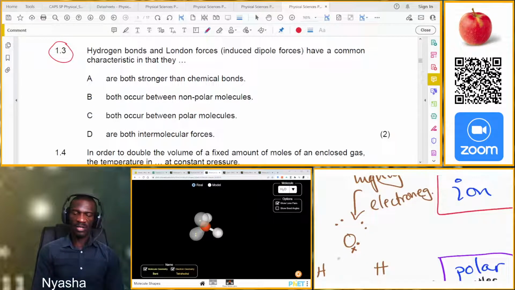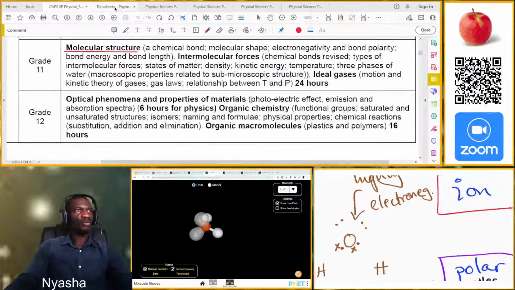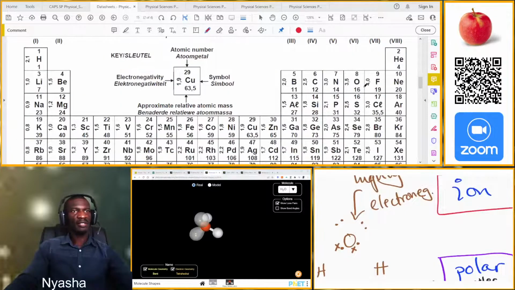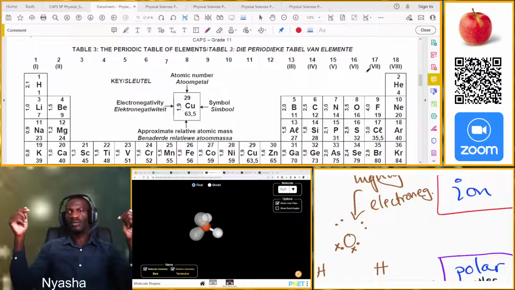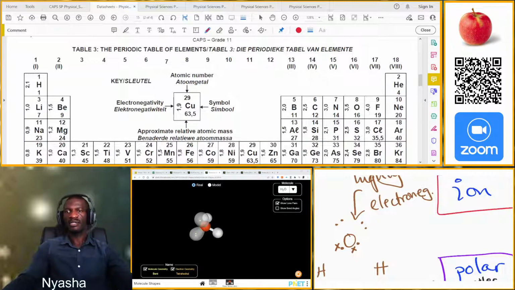Oxygen, on the other side, had its own outermost electrons. Then you have hydrogen. For you to get perspective on those numbers, you can just come to your periodic table and see that oxygen is in group 6. In its outermost shell, we have 6 electrons available.